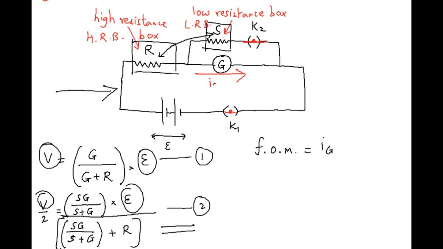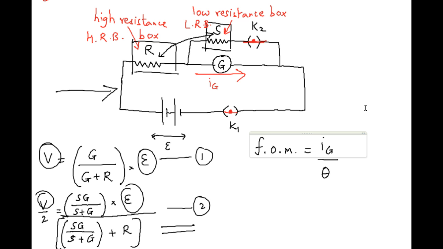I'll call it IG, and I want to divide that by the deflection which that current produces. So in SI units it would be amperes per radian, or you could say amperes per degree if you want, or if you're not measuring theta in degrees and you're measuring it in divisions, the figure of merit could be measured in amperes per division.